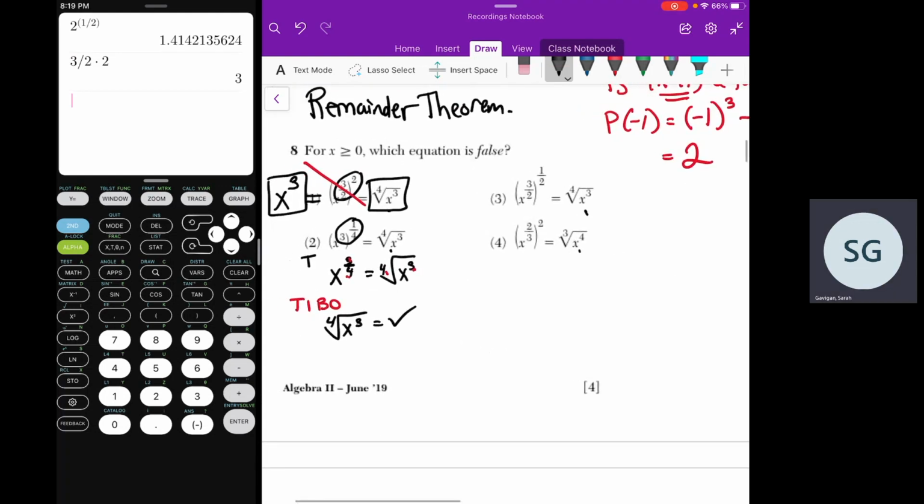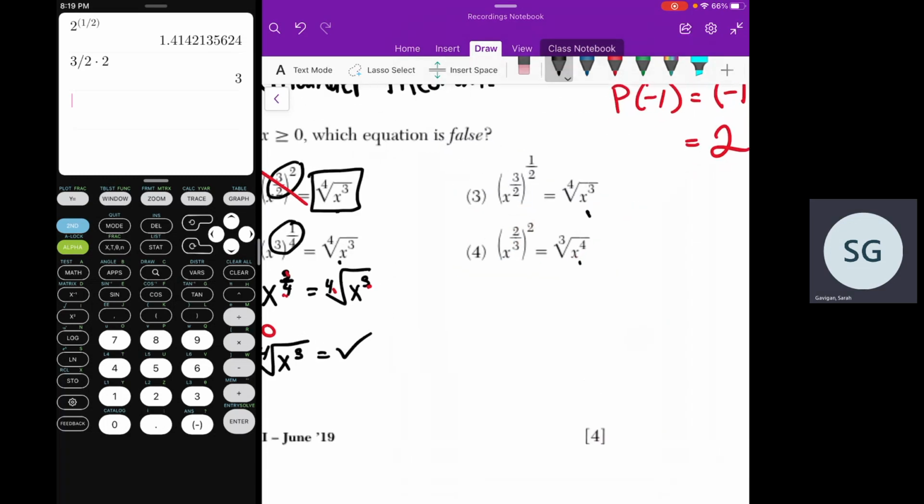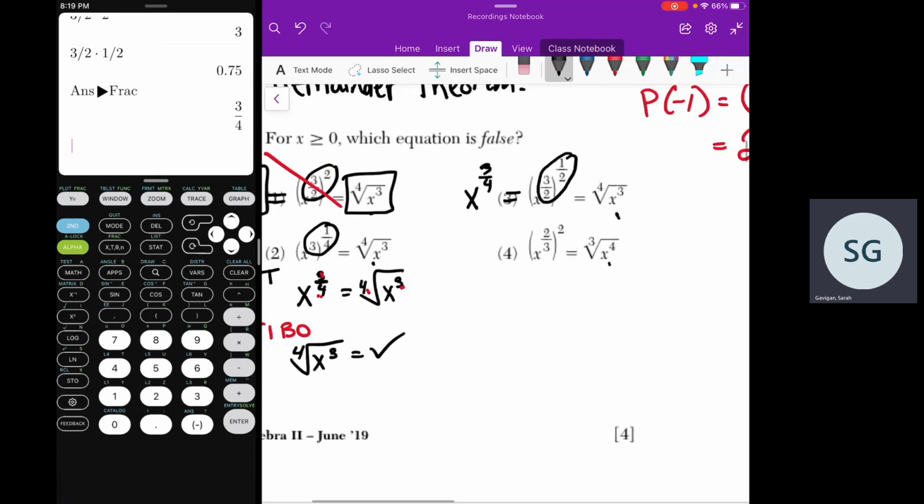Let's make sure that choice 3 is true, because we already found the false one. Just making sure that they all work. Okay, so multiply this. When you multiply 3 halves, 3 divided by 2 times 1 divided by 2. Math, enter, enter. That's 3/4. And we already said x to the 3/4 was going to equal this.